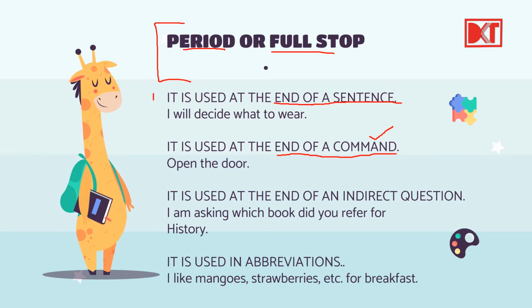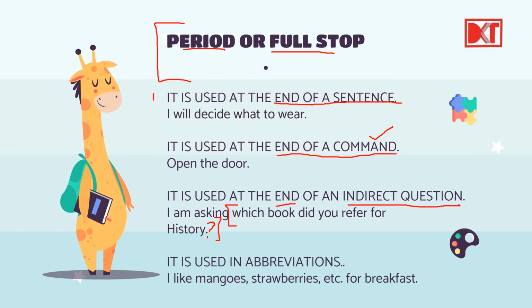Then it is used at the end of an indirect question. Now, a direct question is me asking you just this: which book did you refer for history? And for this, we would have used a question mark.